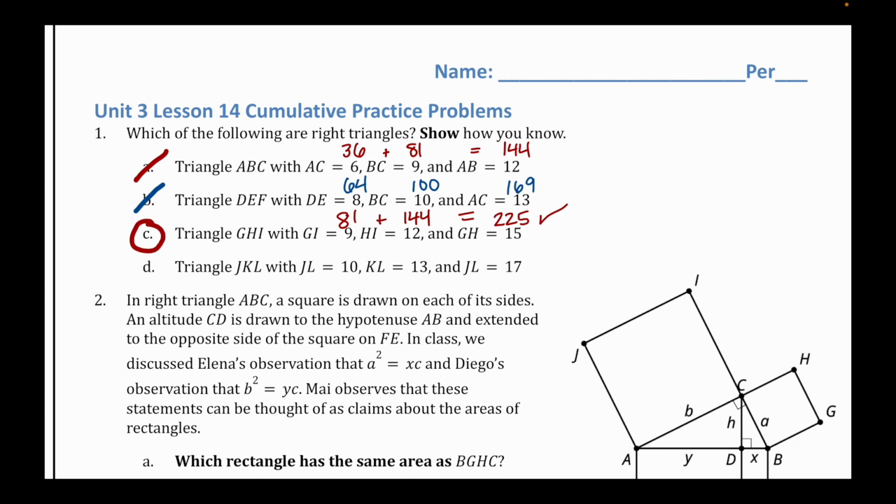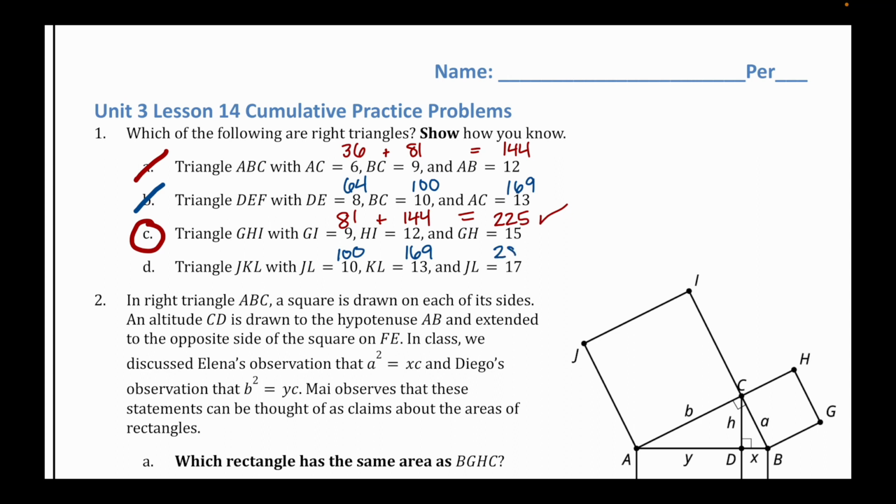And then we're still just going to check triangle D. This is 10, 13, and 17. I don't think that this one works, but we'll try it anyways. So 10 squared is 100, 13 squared is 169, and 17 squared, I definitely don't know off the top of my head, but the calculator can help me with that.